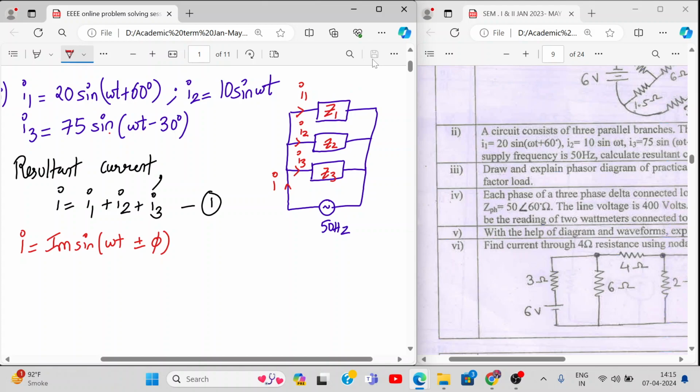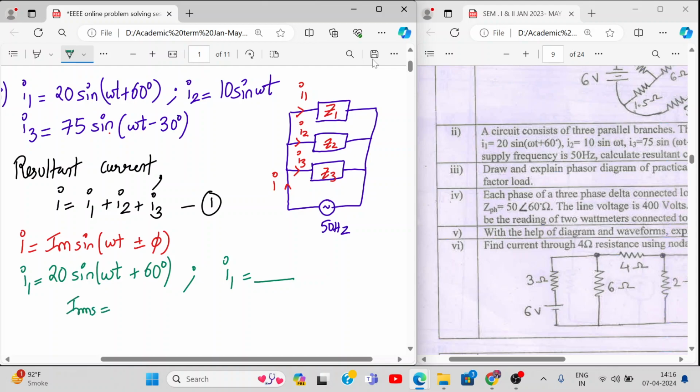Let me give an example. I1 is given as 20 sine of omega t plus 60 degrees. Rectangular form can be written as, oh, we have to convert into polar first, sorry. Polar form is written with the RMS value of the magnitude. This is Im, but I want the RMS value.